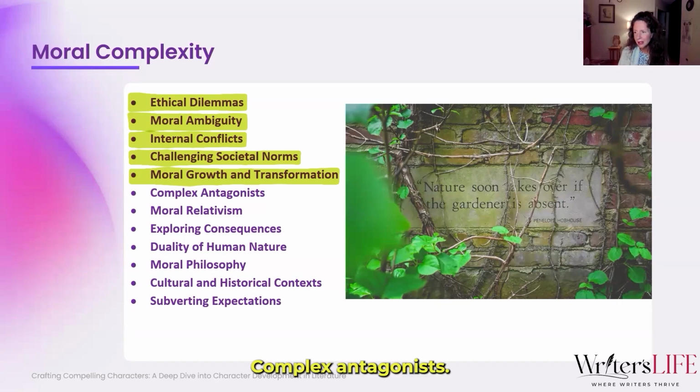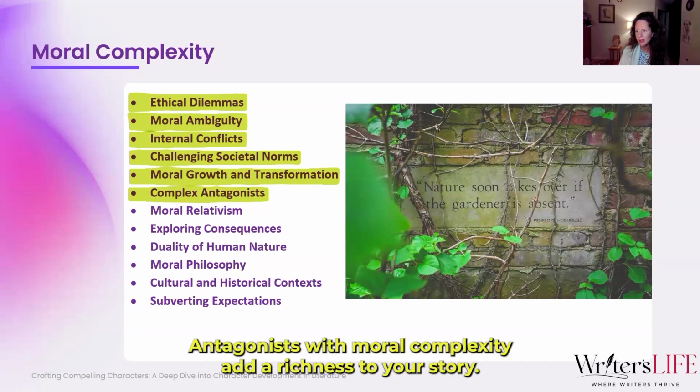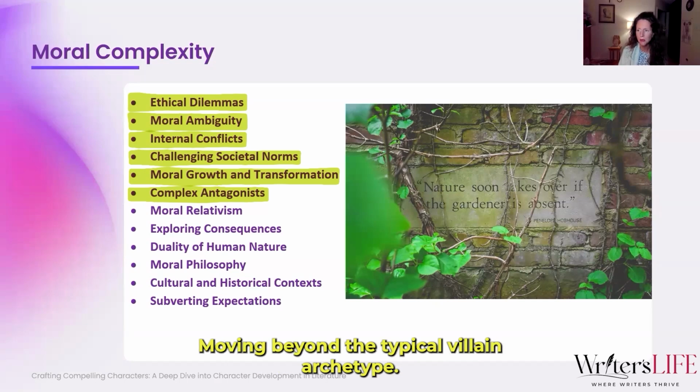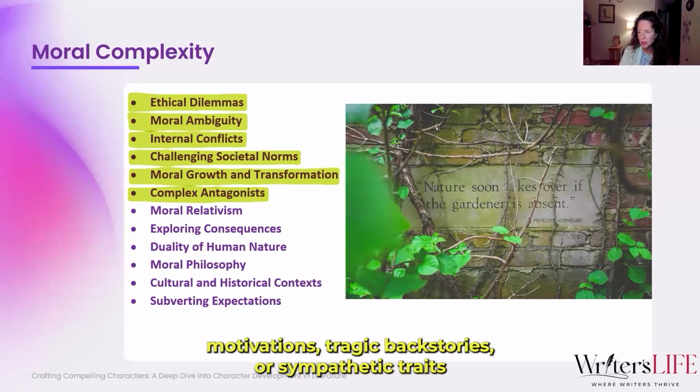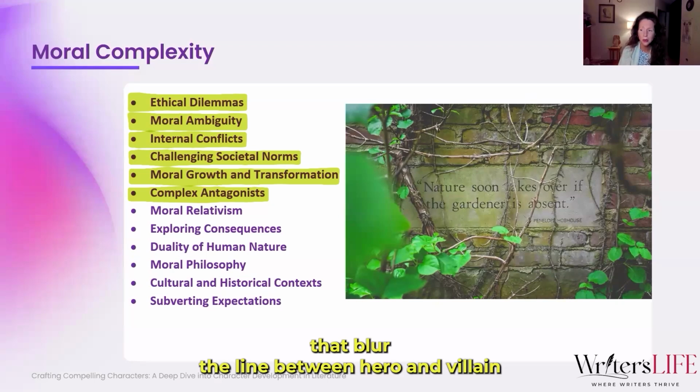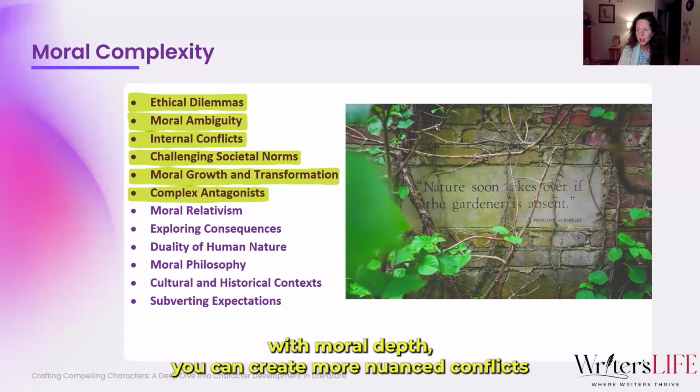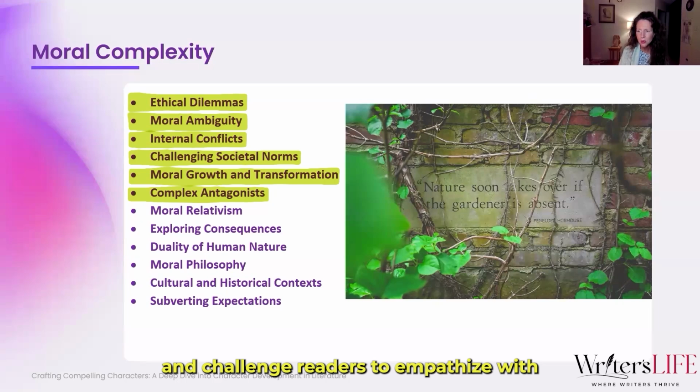Complex antagonists. Antagonists with moral complexity add a richness to your story, moving beyond the typical villain archetype. Characters might have understandable motivations, tragic backstories, or sympathetic traits that blur the line between hero and villain. By presenting antagonists with moral depth, you can create more nuanced conflicts and challenge readers to empathize with multiple perspectives.